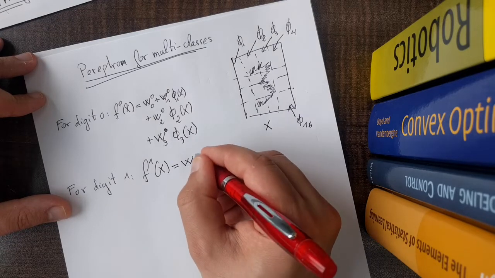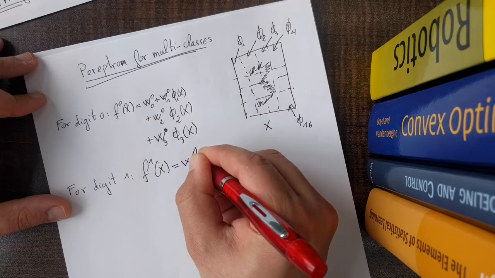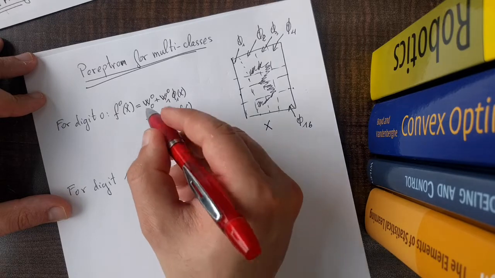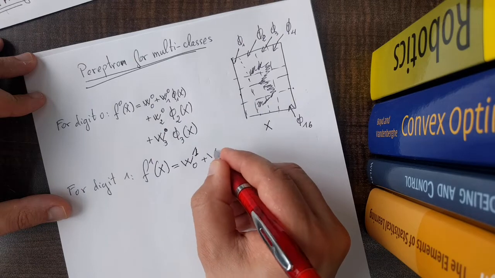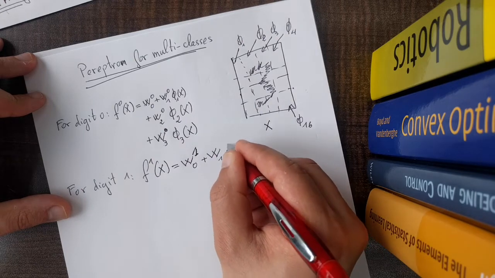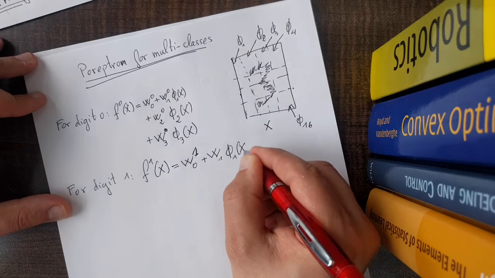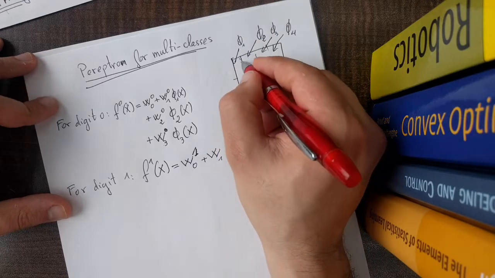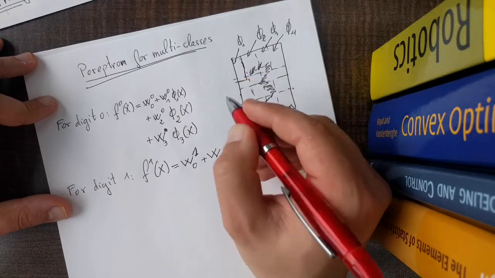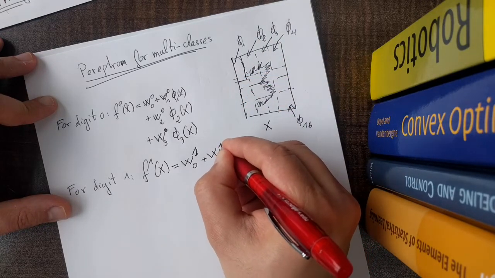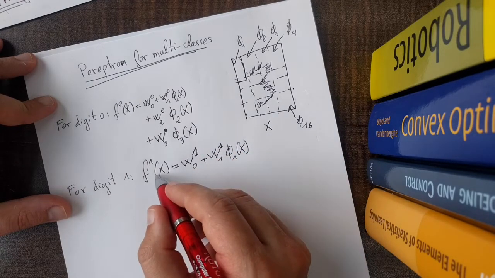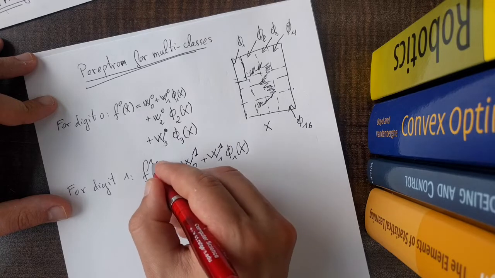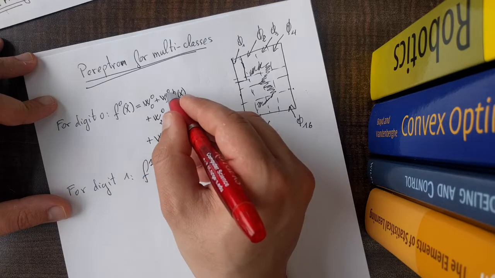So you can have the bias again, but I'm adding 1 here to say that this bias is different from the bias that I'm using for digit 0. And then I have the first weight associated with the first feature of the image. The first feature is, for example, this region. But I'm also adding this index 1 on the top to say that this is related to digit 1 and not 0.